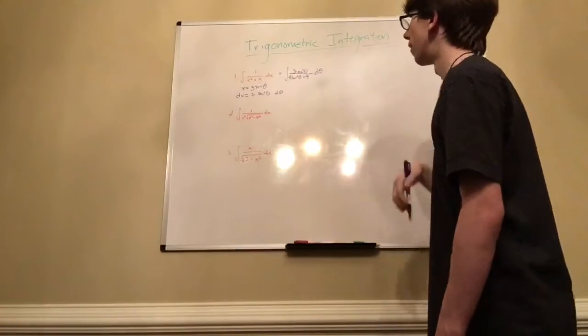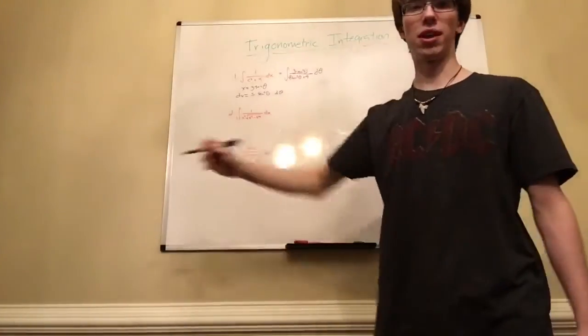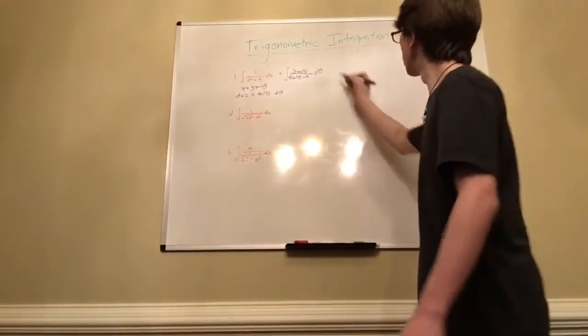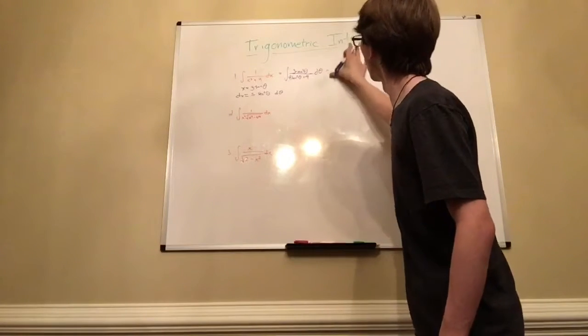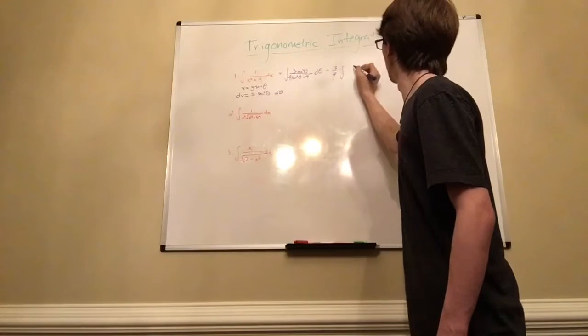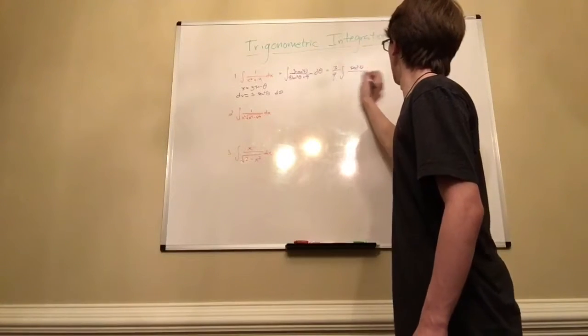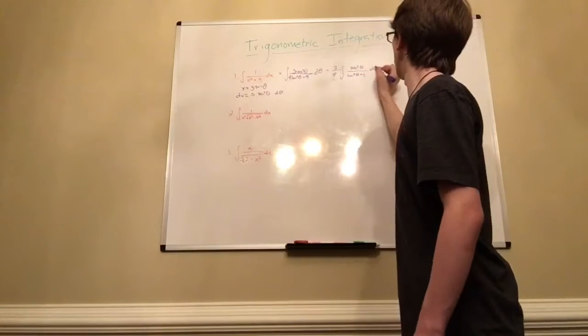Now that we have our changed function, we bring out all the constants. So that is equal to 3 over 9 integral of secant squared theta over tangent squared theta plus 1 d theta.